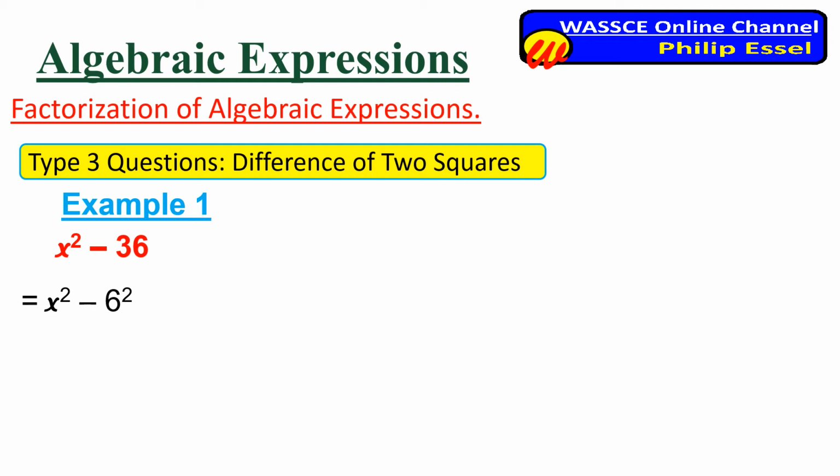So we would have to take the difference of the two items, that is the difference of the x and the 6. When we do this, we would get x minus 6 all in brackets. Then we would multiply this by the sum of the same two items. The sum of the two items will be x plus 6. As simple as that.